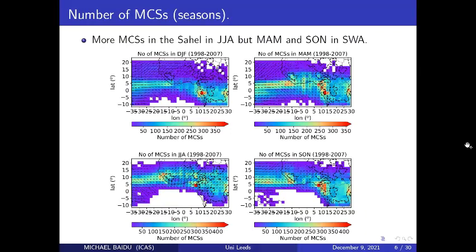Sorry if I missed something, but you were tracking storms and you have categorized them into oceanic-based and land-based storms, right? My question is, you know that some of the MCSs develop on land, but they propagate to become hurricanes in the Western Atlantic.